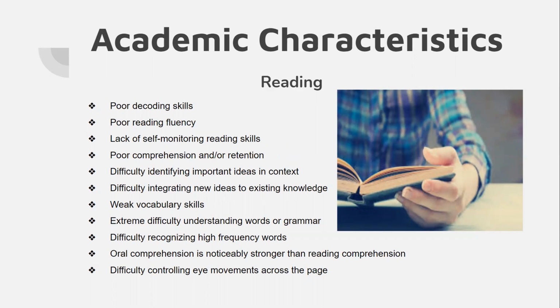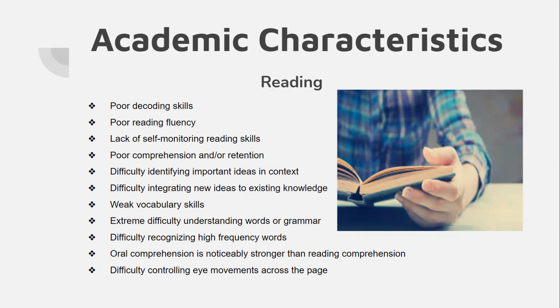We can look at academic characteristics of students with learning disabilities in the area of reading. We know that they have poor decoding skills, poor reading fluency. They may have a lack of self-monitoring ability regarding their own reading skills, poor comprehension and retention of what's been taught, difficulty identifying important ideas in context, difficulty integrating new ideas to existing knowledge.